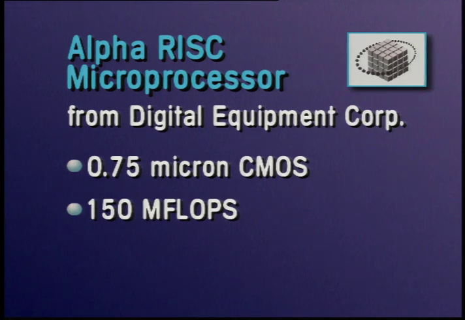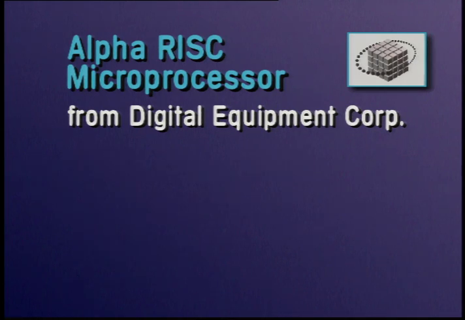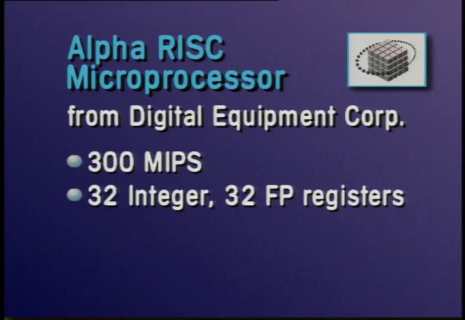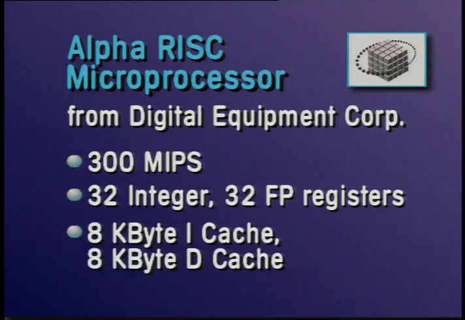It has a peak floating point performance of 150 million floating point operations per second, utilizing a 150 megahertz clock frequency. Up to 2 instructions can be issued per clock period, or 300 MIPS. The internal register set consists of 32 integer and 32 floating point registers. There are 2 internal caches, 8 K bytes of instruction cache and 8 K bytes of data cache.